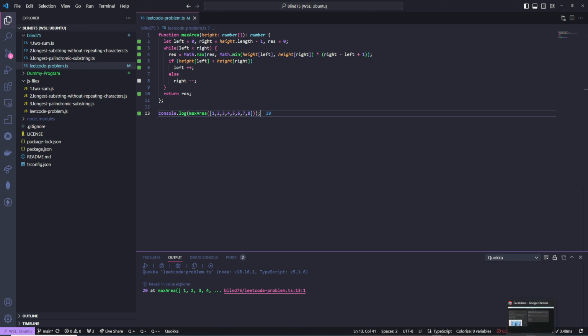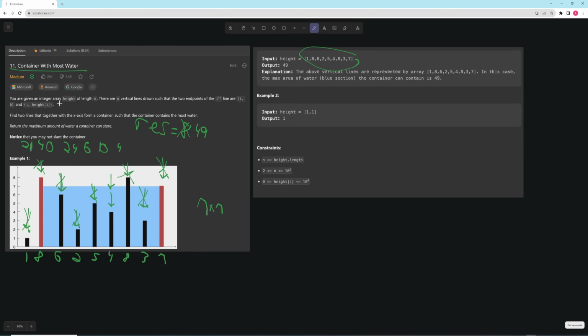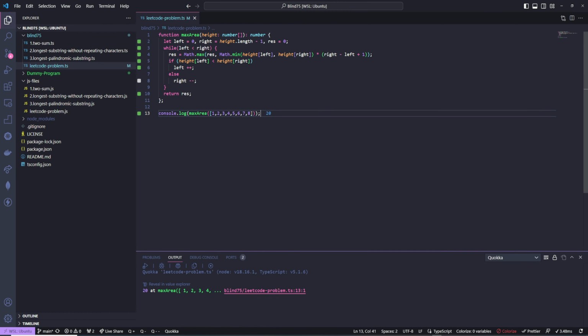Let's pull up our drawing again. So we have 1, 8, 6, 2, 5, 4, 8, 3, 7, so let's try that, and we're expecting 49 here. We actually got 56, so I think our width is incorrect.